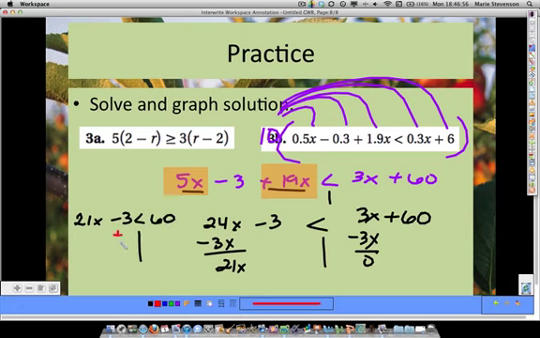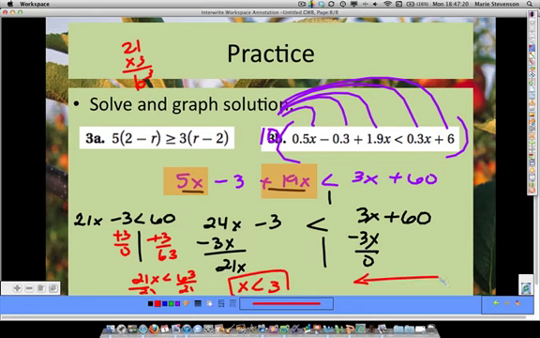So now I'm going to plus 3. So now I get 21x less than 63. Divided by 21, x is less than, what is that, 3? 21 times 3 is 63. Yep.